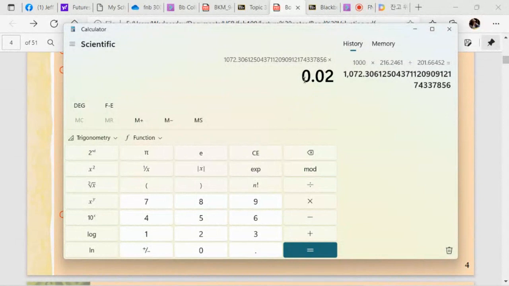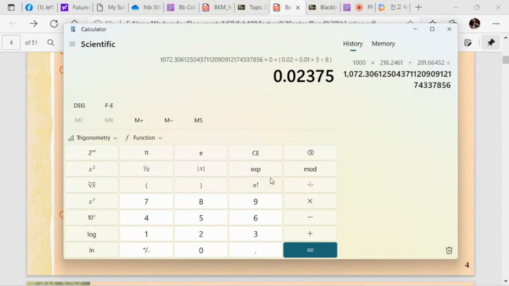I think I will need to put this in parentheses first. So let me open parentheses here: 0.02 plus 0.01 times 3 divided by 8, right?